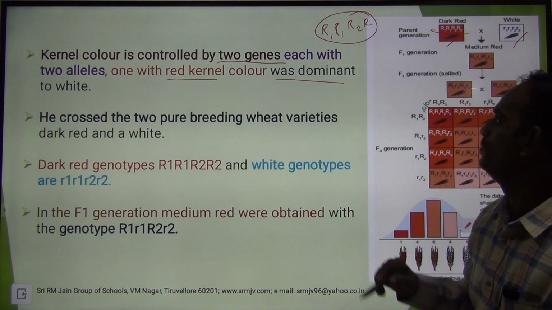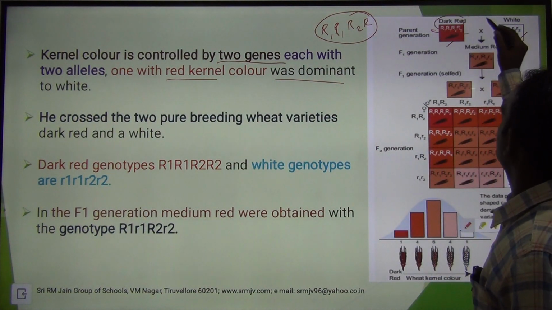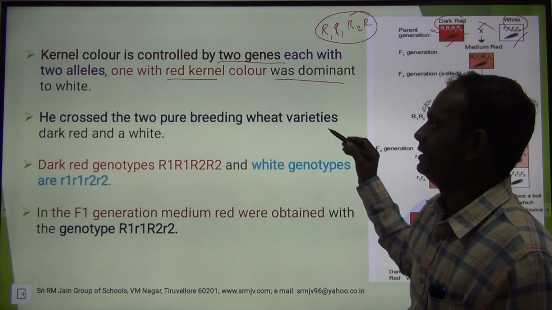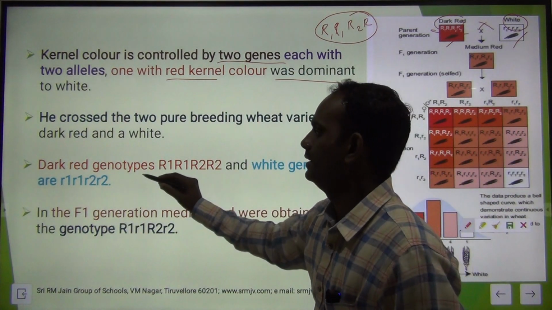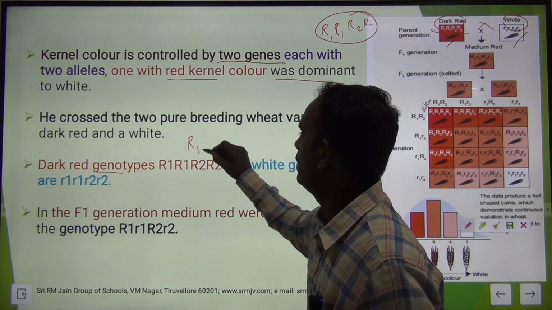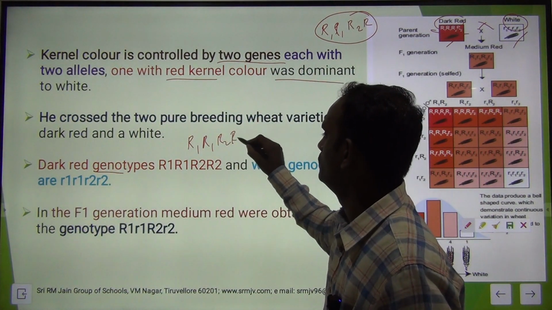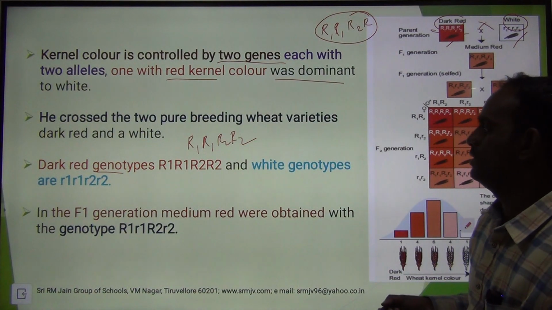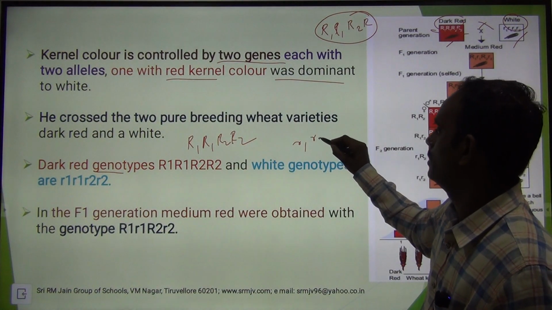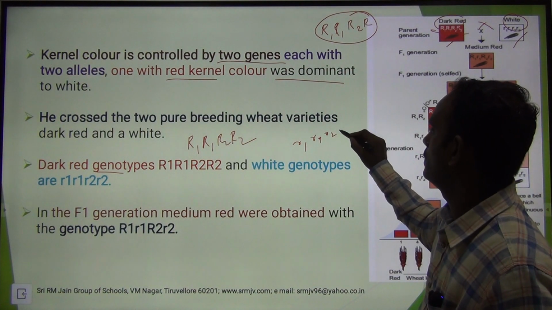He crossed the true breeding dark red with the white variety. The dark red genotype is R1R1R2R2, and the white genotype is small r1 r1 r2 r2.